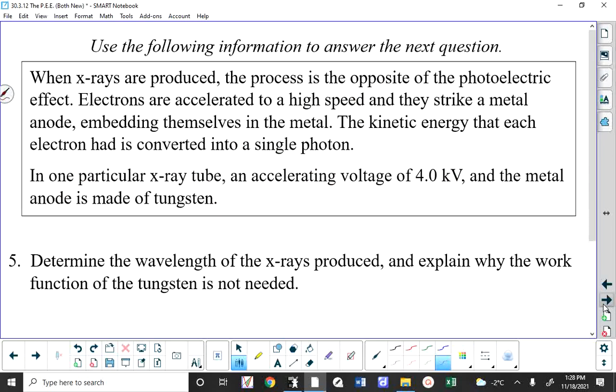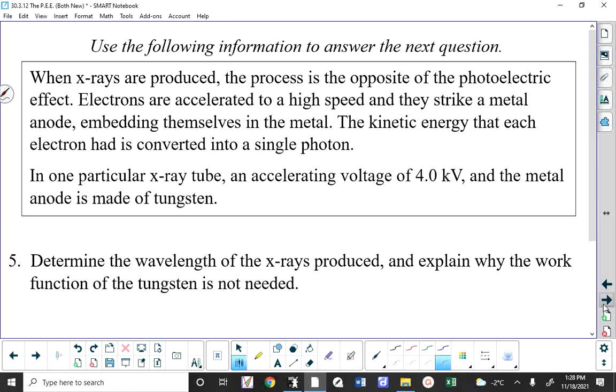We have one more thing we want to talk about, and this is not the photoelectric effect. Sometimes as the diploma exam evolves, we see as teachers questions that all of a sudden come out of nowhere and seem to be a standard question they ask, even though it's not really directly in the curriculum. And this is one of them.